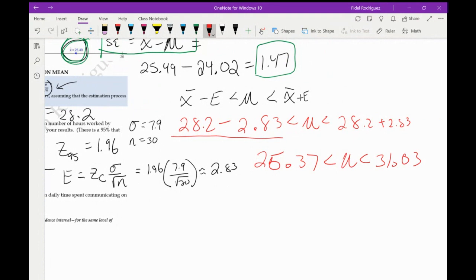So what we're saying is that our population mean is going to be somewhere between those two numbers.